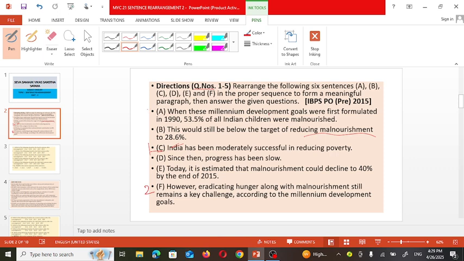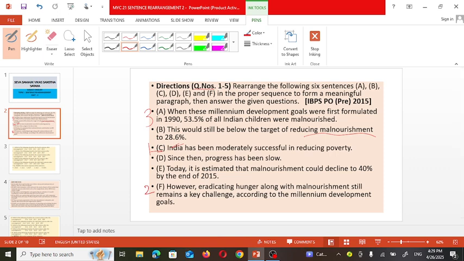When these Millennium Development Goals were first formulated in 1990, 53.5% of all Indian children were malnourished. So this sentence supports the second sentence. A can be the third sentence here because it tells about the formation of the Millennium Development Goals.